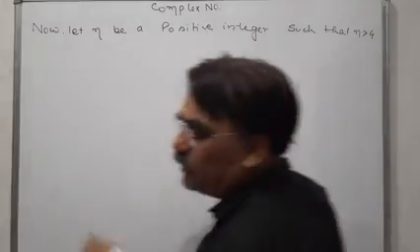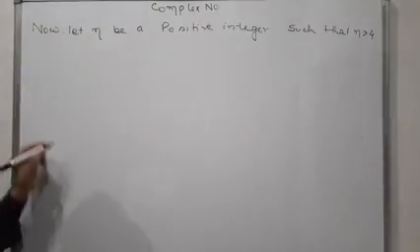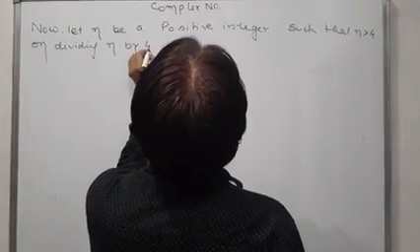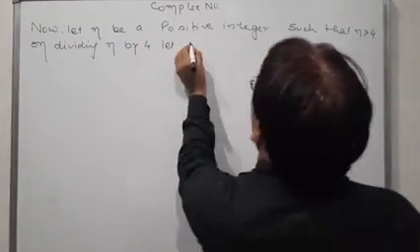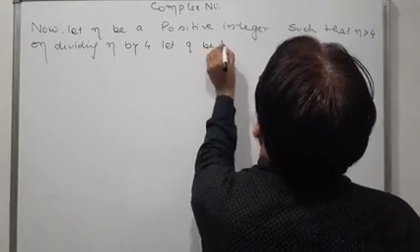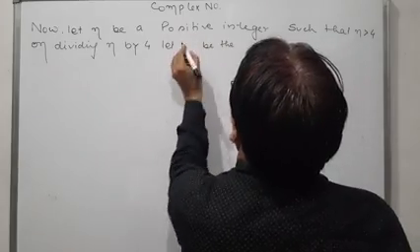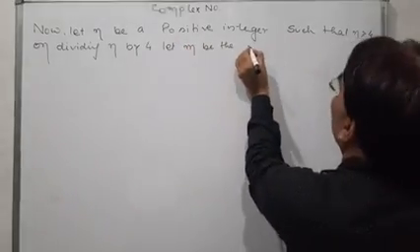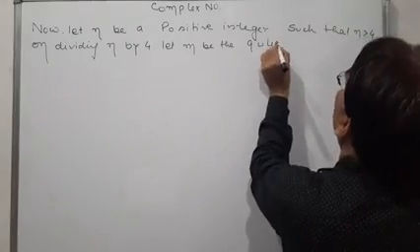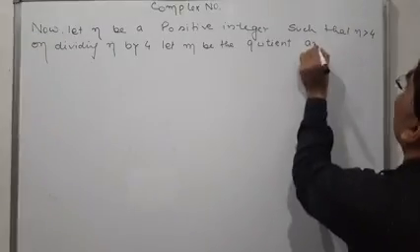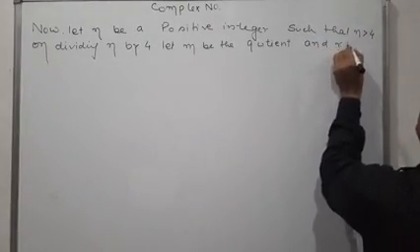On dividing n by 4, let m be the quotient and r be the remainder.